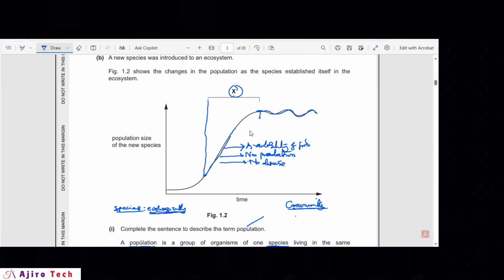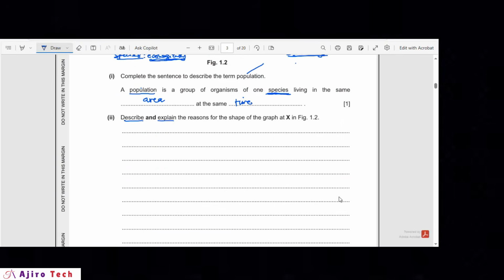Here, but it increases and then plateaus. Increases and plateaus. That's the description, based on what you can observe from the graph. Population size increases and then remains constant or plateaus.